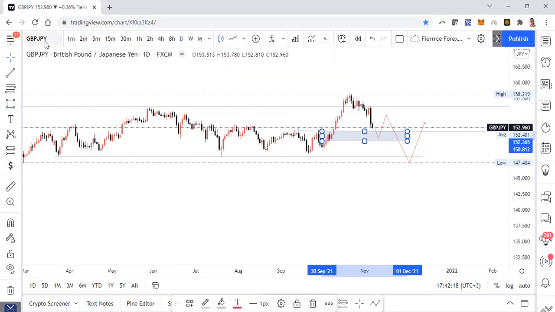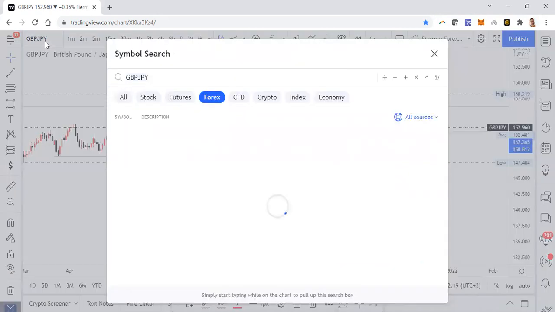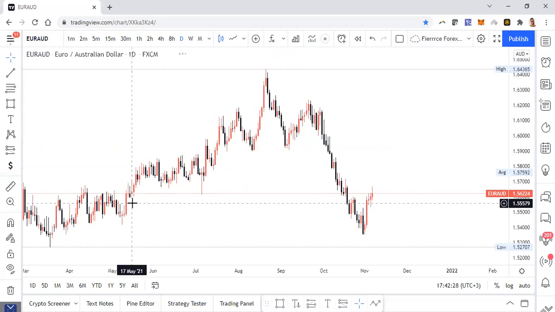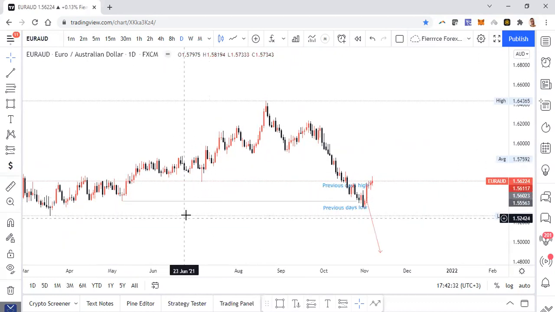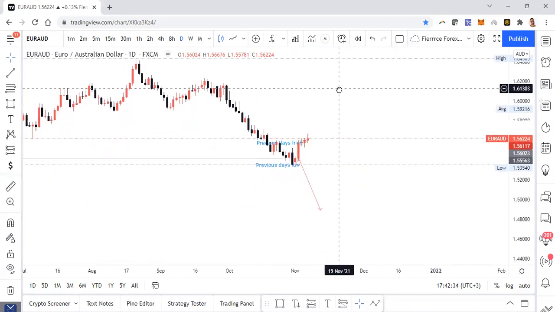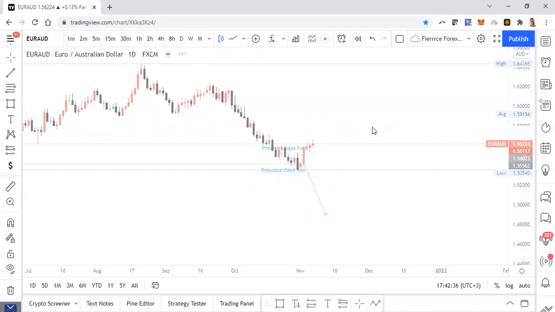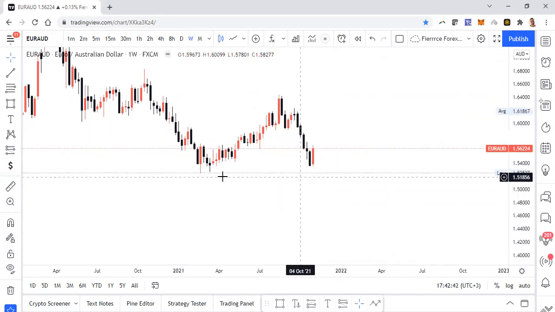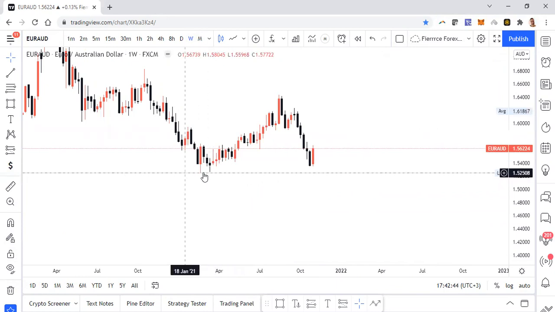So that's GJ. Now let me look at a Euro pair, Euro AUD, another pair that I like to trade when I'm not trading the other major pairs like gold. Again, we're on the weekly here. Euro last week rejected a key zone.